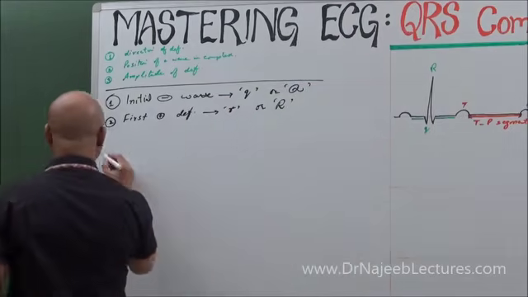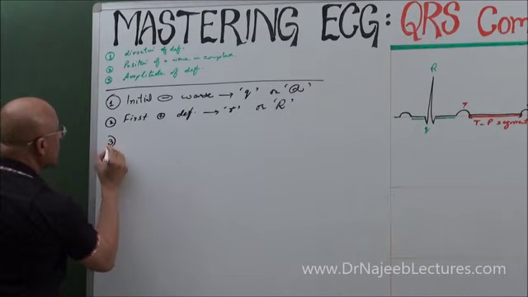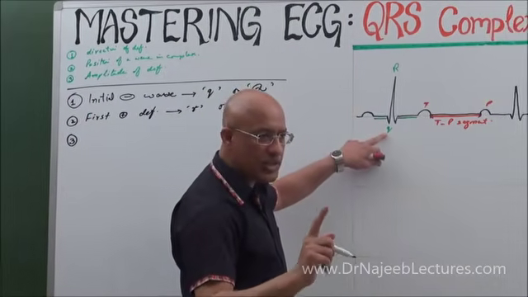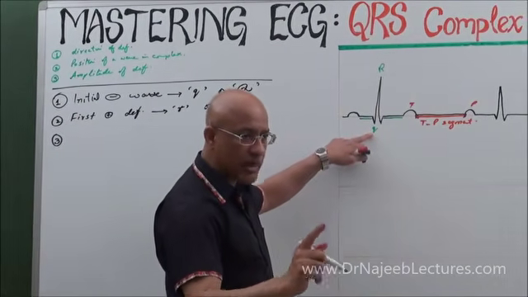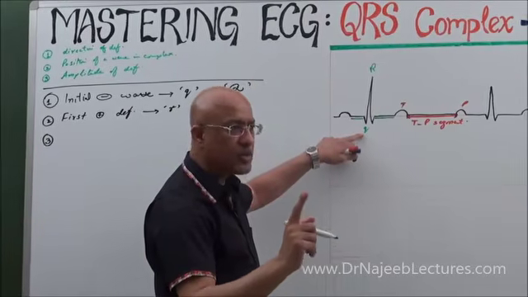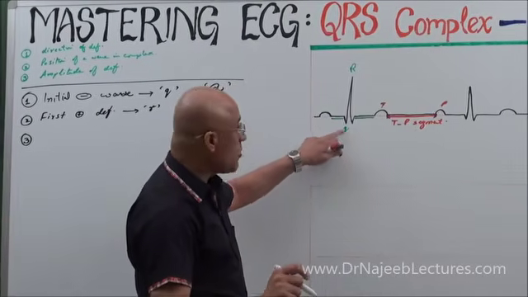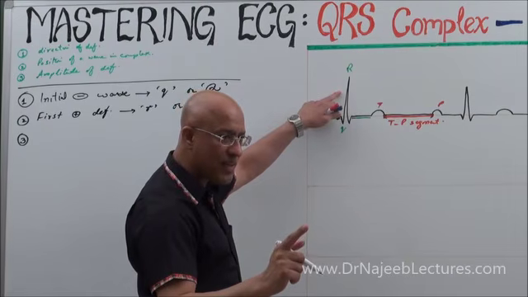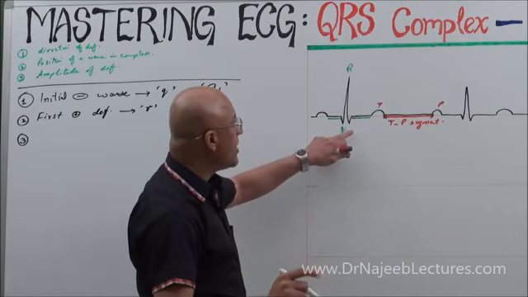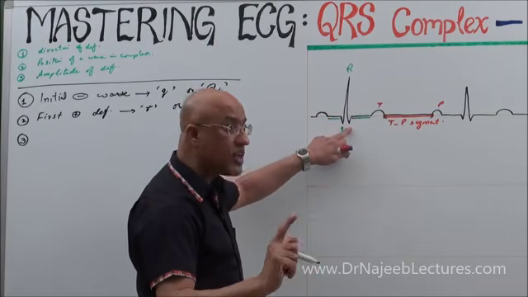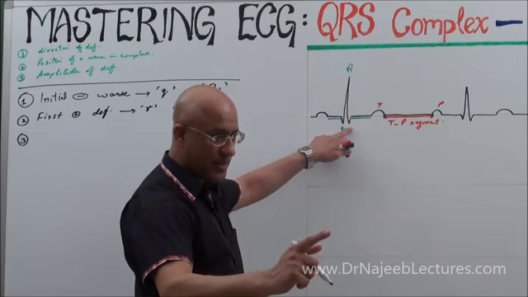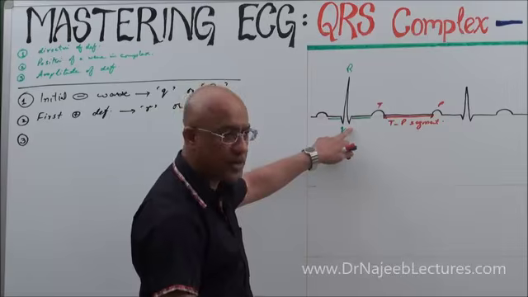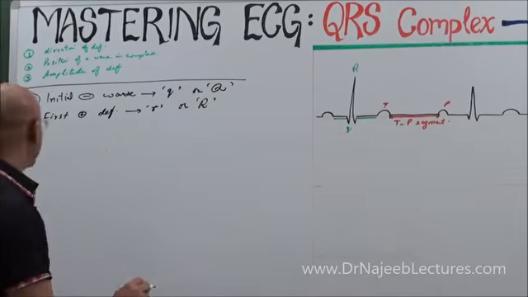Third rule. Again, first, the initial negative deflection in the QRS complex is Q wave. The first positive deflection is R wave, and the negative deflection which appears in the complex after the R wave is labeled as S wave.